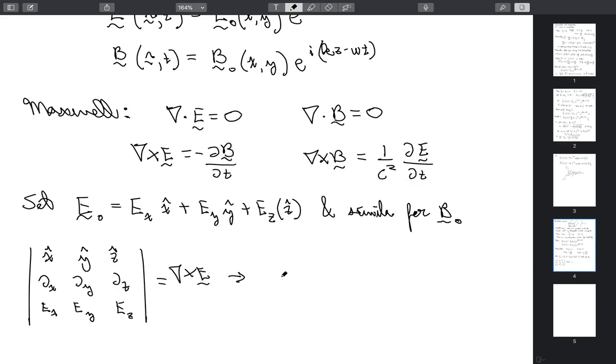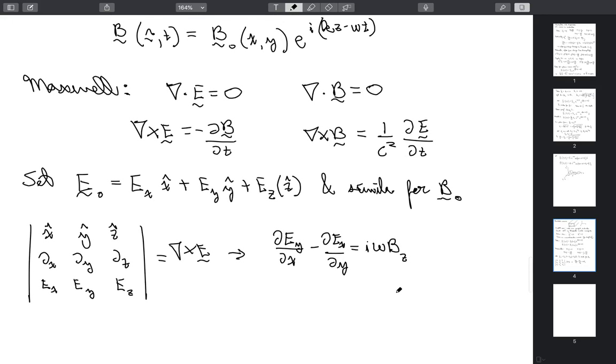So what that would give me is, for example, dEy/dx minus dEx/dy. This should be equal to i omega Bz, right? With the minus sign coming from minus i omega t. When I take the time derivative, I just get i omega.